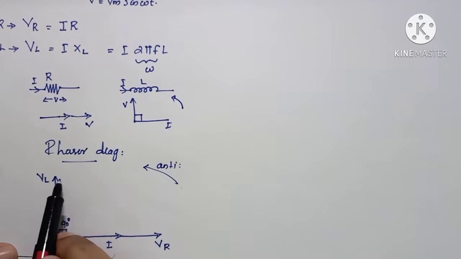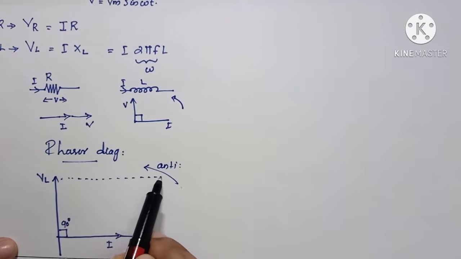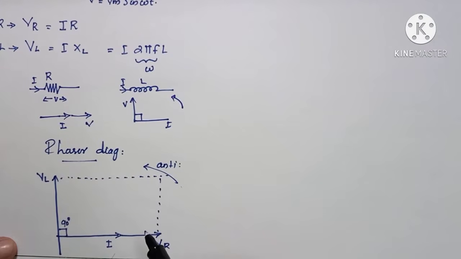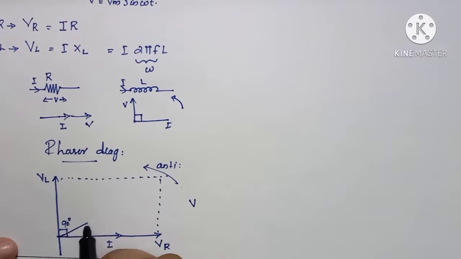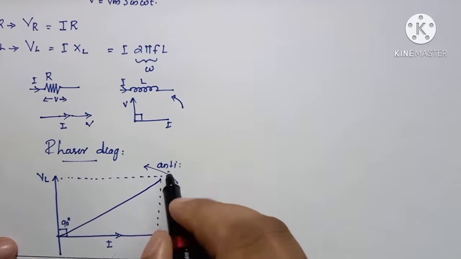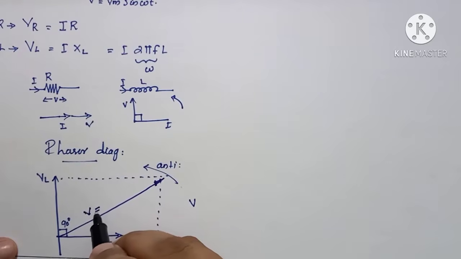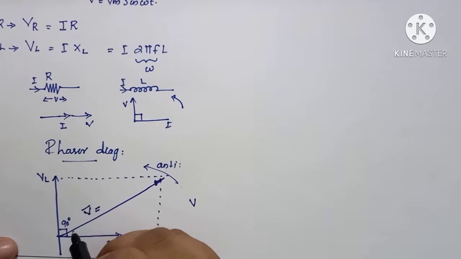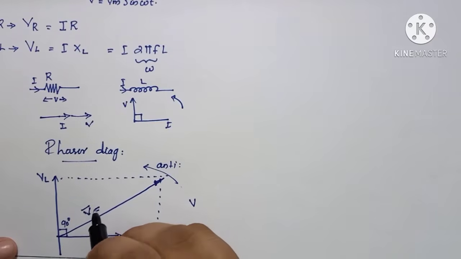And we can draw the resultant for this circuit. In this case this can be the resultant vector, and this vector V is a vector because along with the magnitude there will be some phase difference, so we choose a vector here.